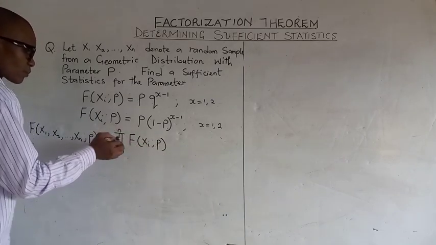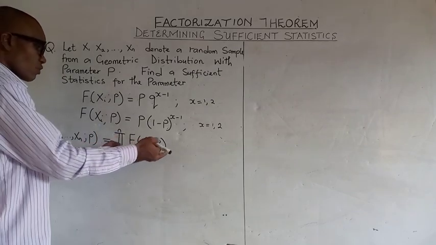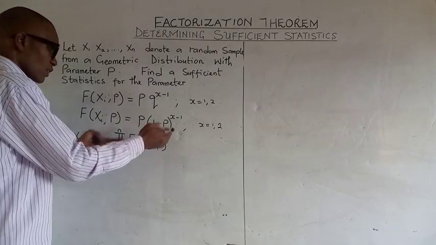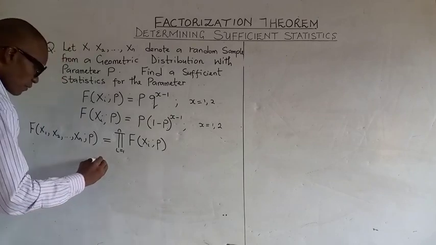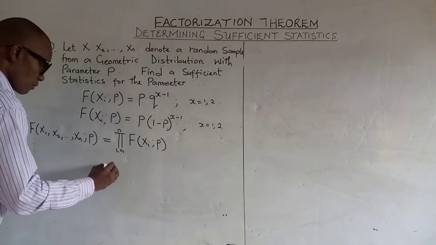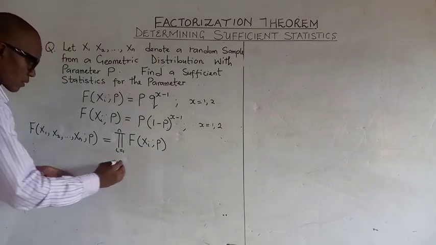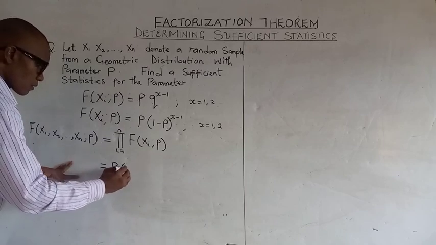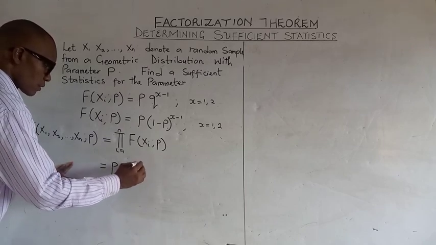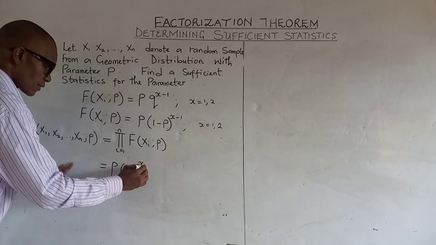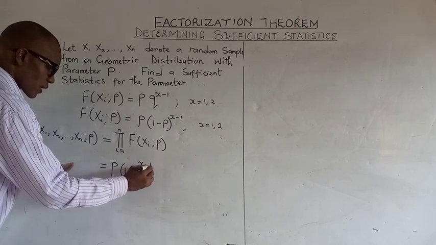This sign means product, and it's taking the product of this function. If we want to take the product of this function, we have here p(1 − p) raised to x1 − 1.